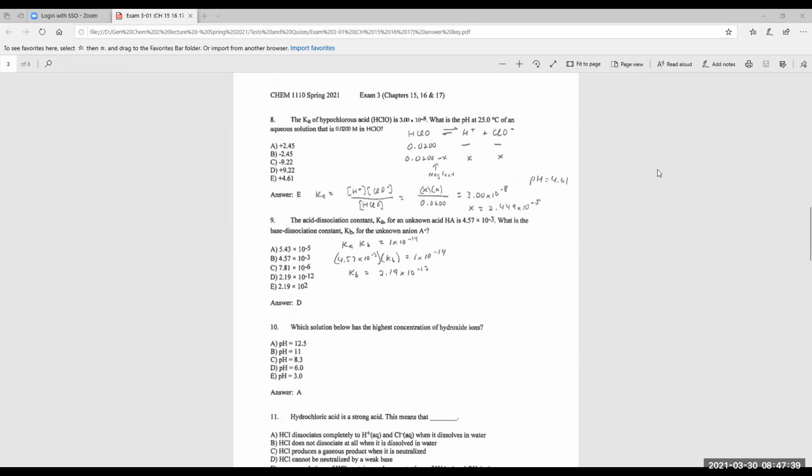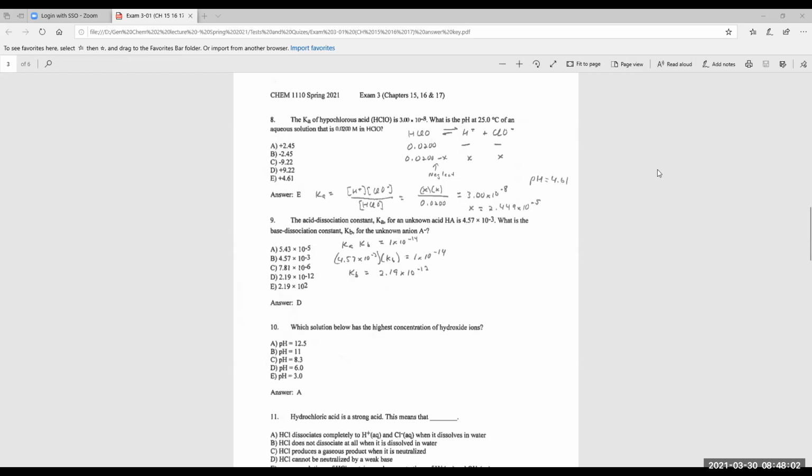We can tell that by the Ka value. And so we then solve for X, and that's 2.449 times 10 to the minus 5. But we're asked for pH, so then we need to do minus the log of that value, and you get a value of 4.61.